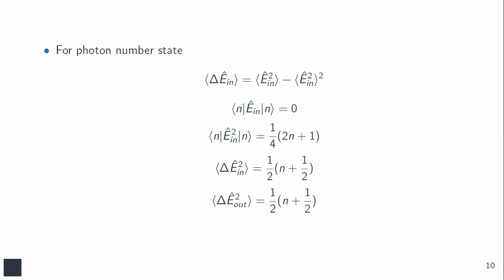And we could see that the fluctuation increases with the given photon number. So photon number states have a well-defined number of photons, but they do not have very well-defined quadrature component values.